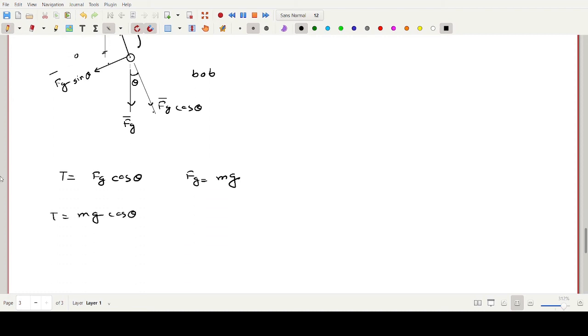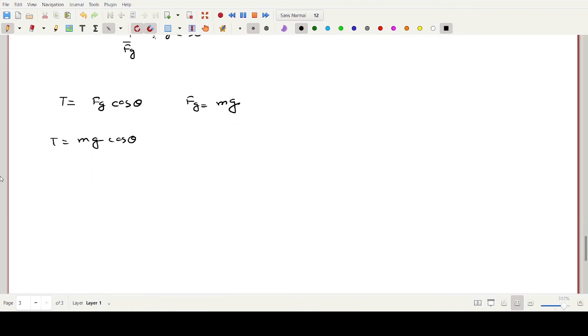Now we want to know the magnitude of the torque. You know the magnitude of a torque is R Fg sine theta. Wait a second, sorry.